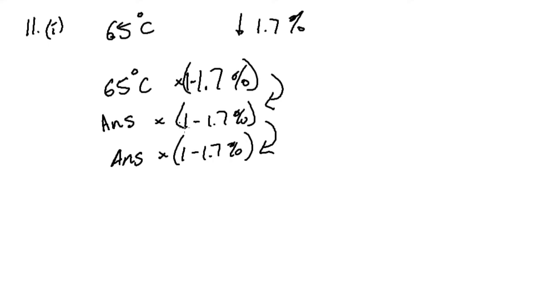So 100 take 1.7 is just 98.3%. So every time you multiply by 98.3%, and because we're multiplying it by 3 times, this is to the power 3. And so you have 65 times 98.3 to the power of 3.